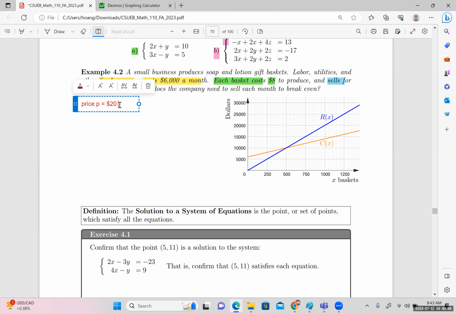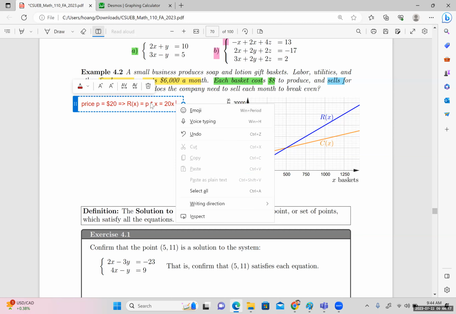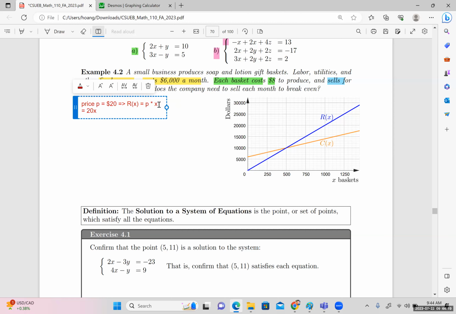Because if you have a price, you can have a revenue function as price times demand, which is 20 times the x in here. I'm going to put down this as R of x equals 20x.